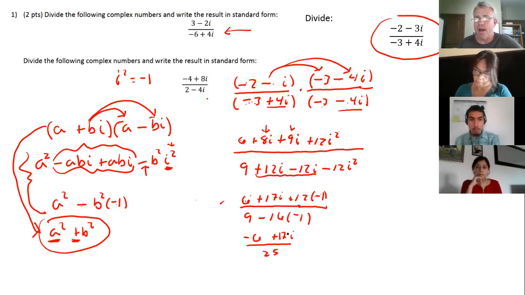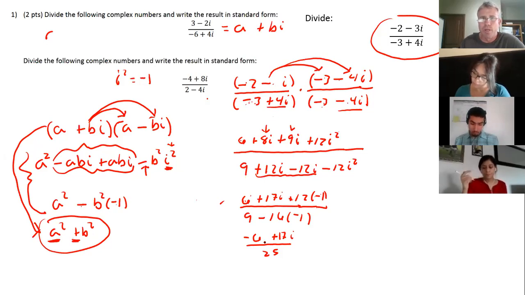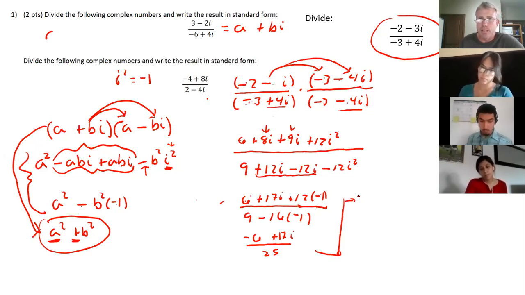And that was the goal, to get that denominator as a real number, because what you want is to get this division completed and written so that it's in standard form for complex numbers. You're trying to get it in that a plus bi form. And now we can do that because I have two terms in the numerator over a 25, so I can step over here and break it into the two fractions.